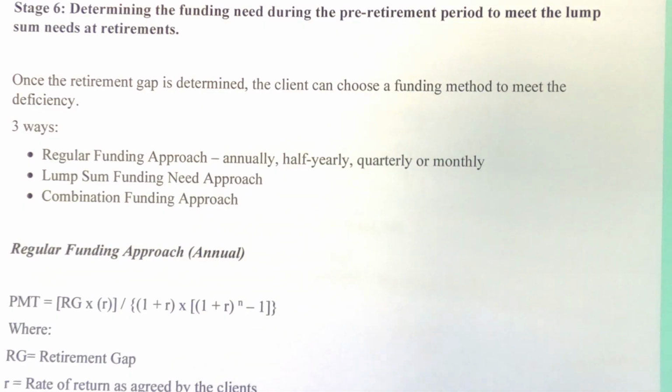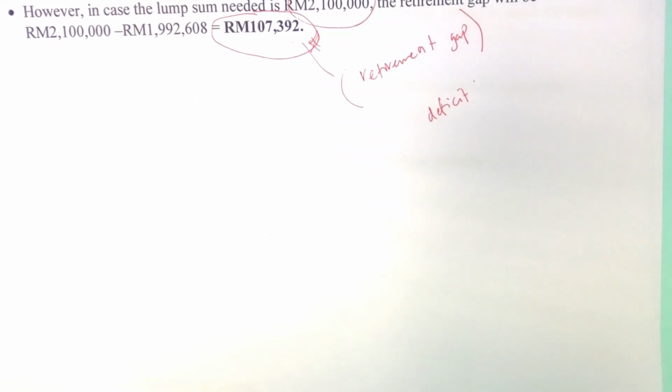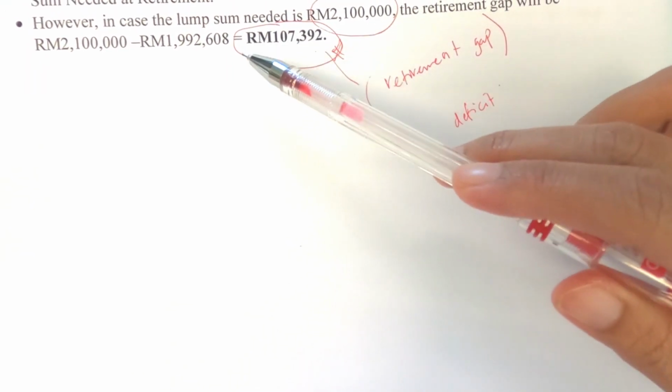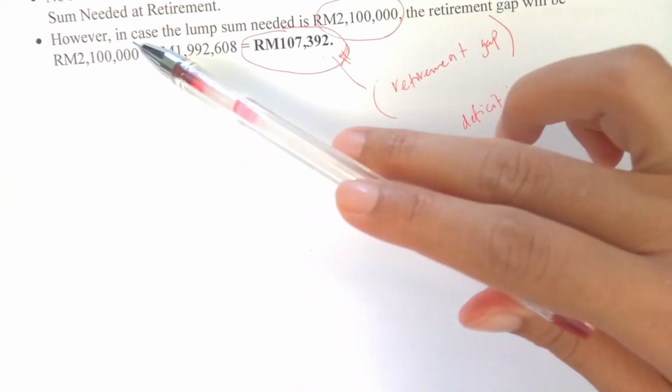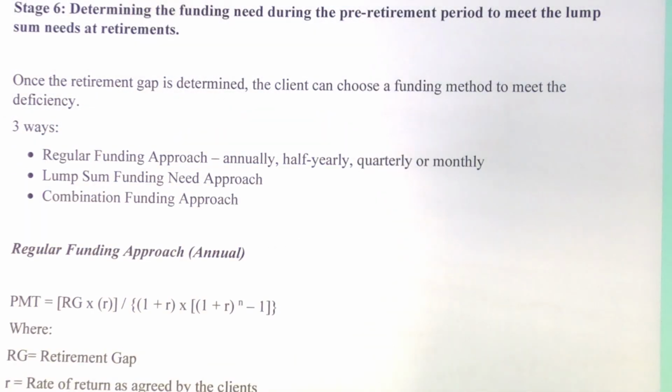Now we are in stage 6, where we want to cater for the shortfall during stage 5, the retirement gap of 107,392. This is a situation where the lump sum needed is higher than the retirement resource status or RRS.